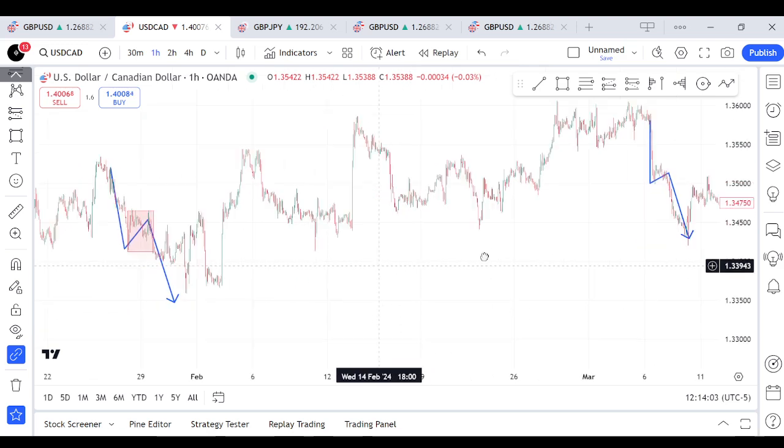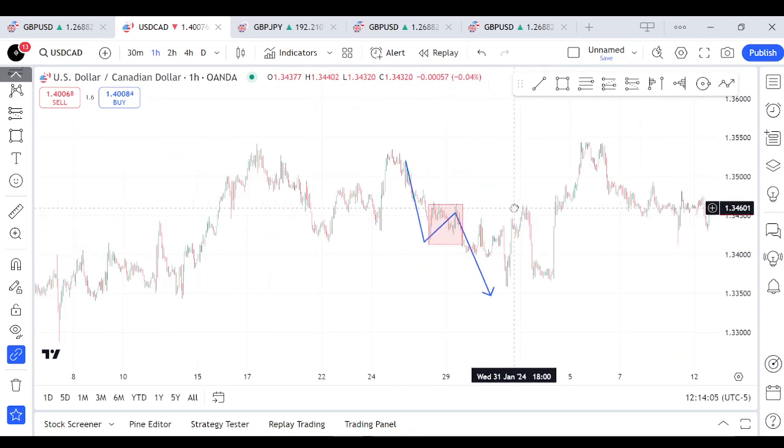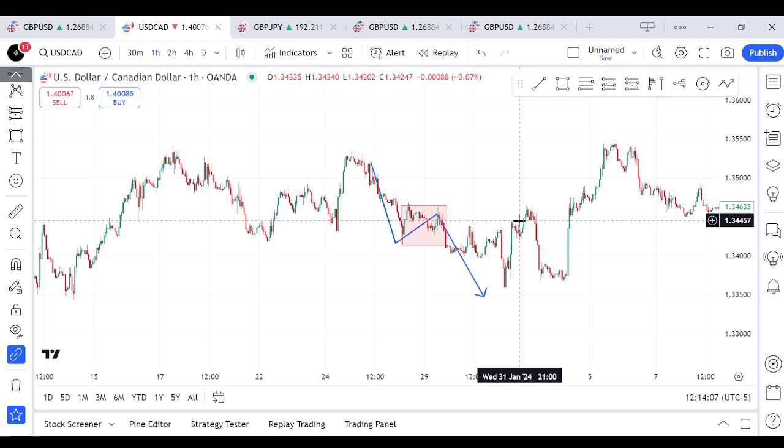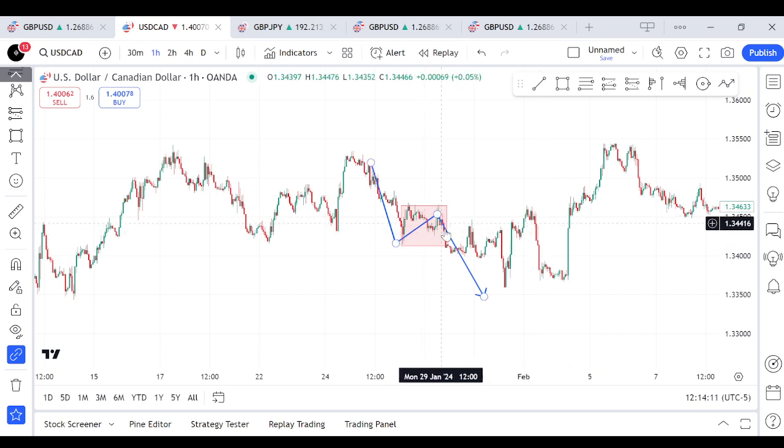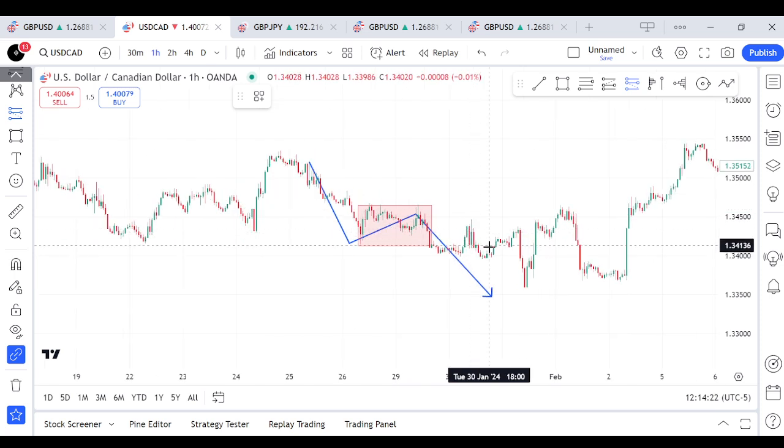And the second option is to wait for a pullback before entry. Waiting for a pullback entails you should wait for price to break and give us a pullback into this zone, and that's when we can think of entering. So when you see the pullback into the zone, you could check for candlestick formations, or you could just enter.